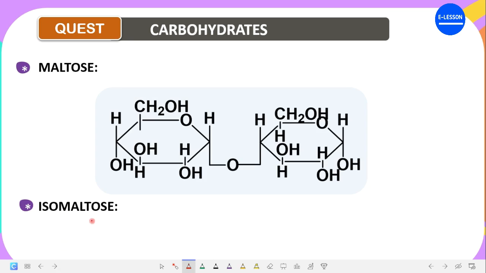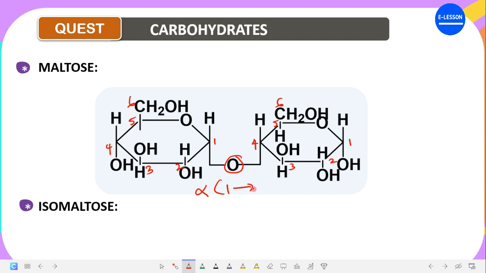Now, let's look at maltose. We've already discussed maltose before, right? We said this is the linkage. This is carbon 1 here, 2, 3, 4, 5, 6. This is 1, 2, 3, 4, 5, 6. Now, this structure of maltose is joined together by alpha 1,4 glycosidic bond.